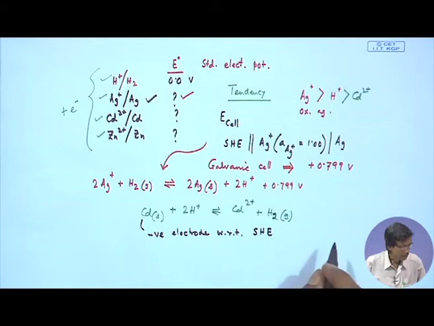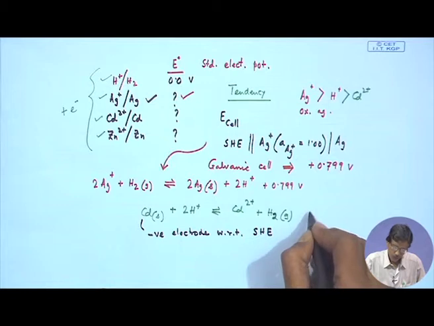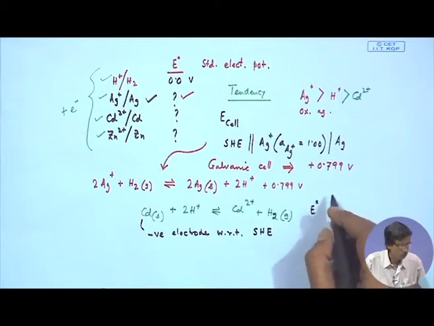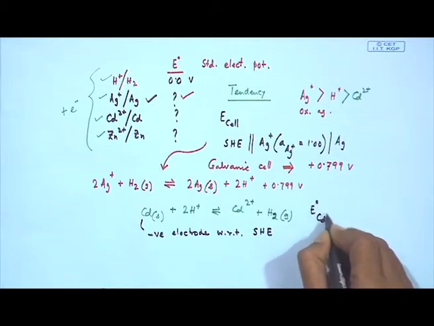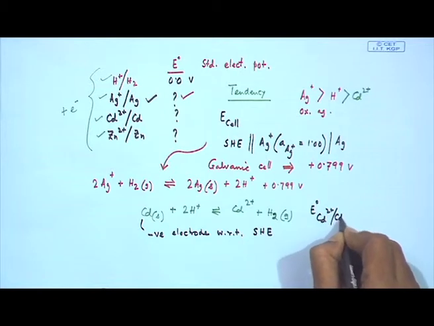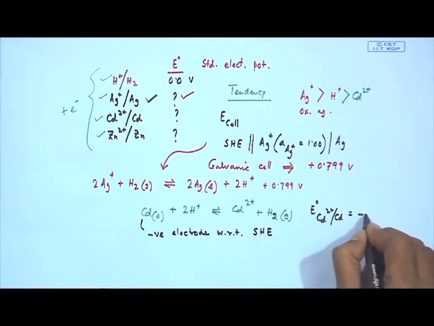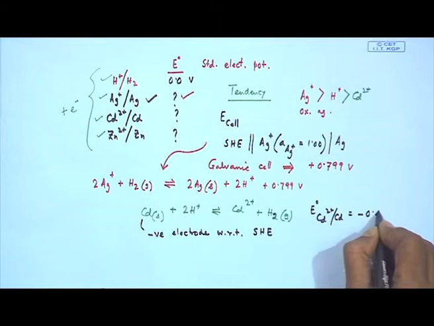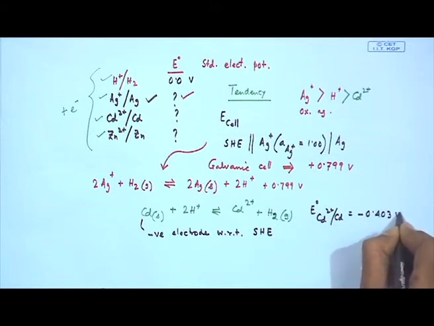So, we get the corresponding potential we can measure, and the corresponding E0 value for cadmium 2 plus to cadmium will be a negative potential, minus 0.403 volt.